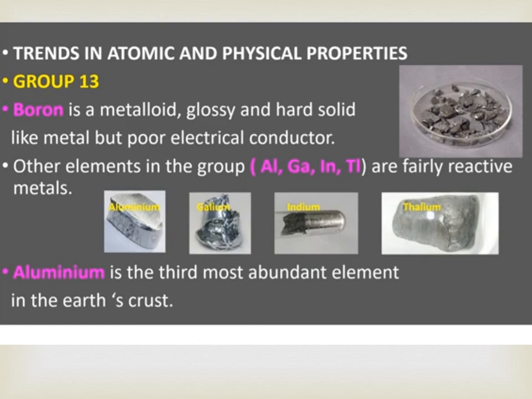So my dear students, talking about group 13 in general, boron is a metalloid, whereas aluminium, gallium, indium and thallium, all these four elements, are metals.